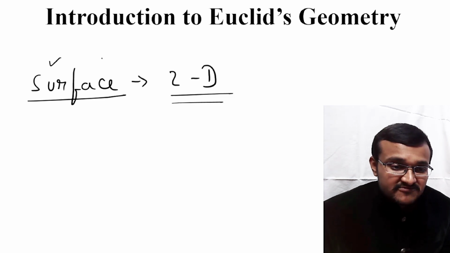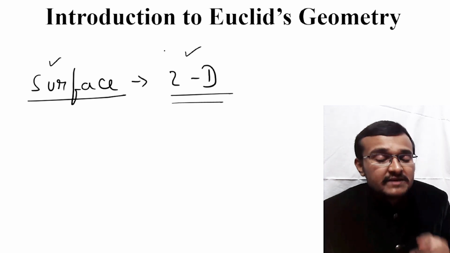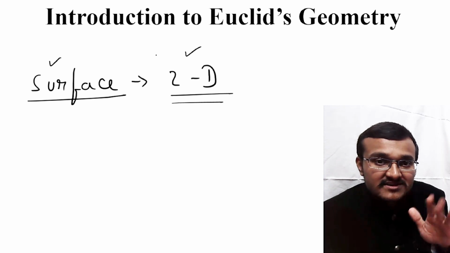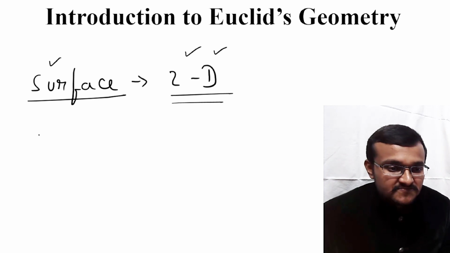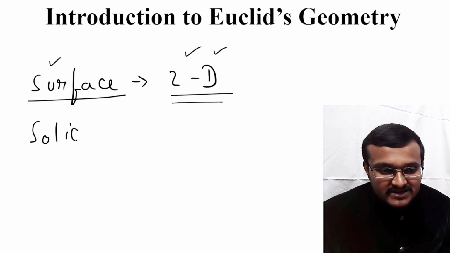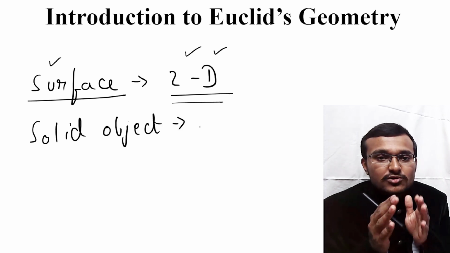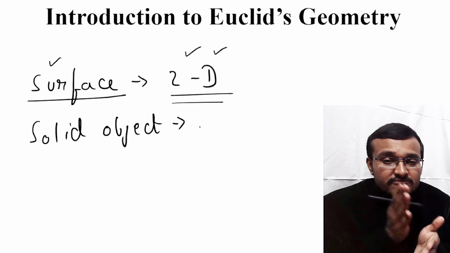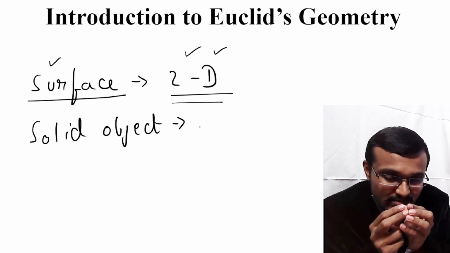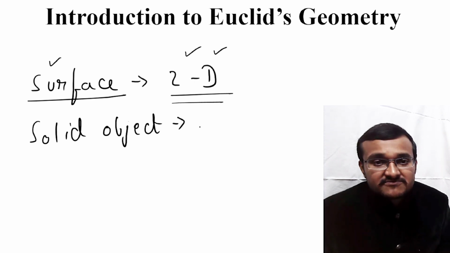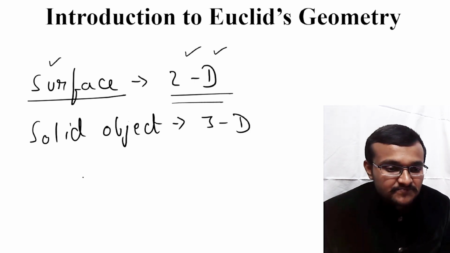Always remember, a surface has two dimensions because a surface doesn't have any thickness. Because it doesn't have thickness, the third dimension is not there. So a surface is always two dimensional, and a solid object always has a certain amount of extension in the x, y, and z axes. That means there is extension in all three dimensions, hence a solid object is three dimensional.